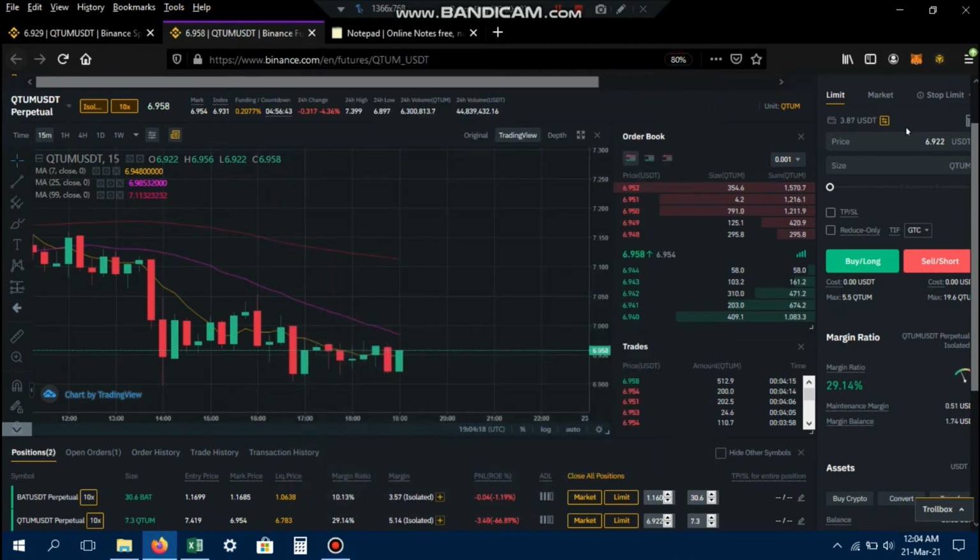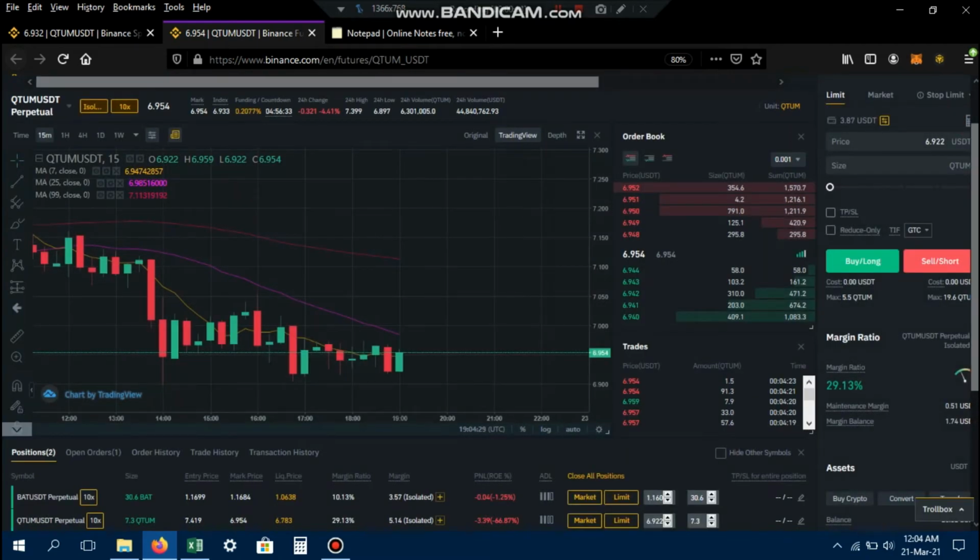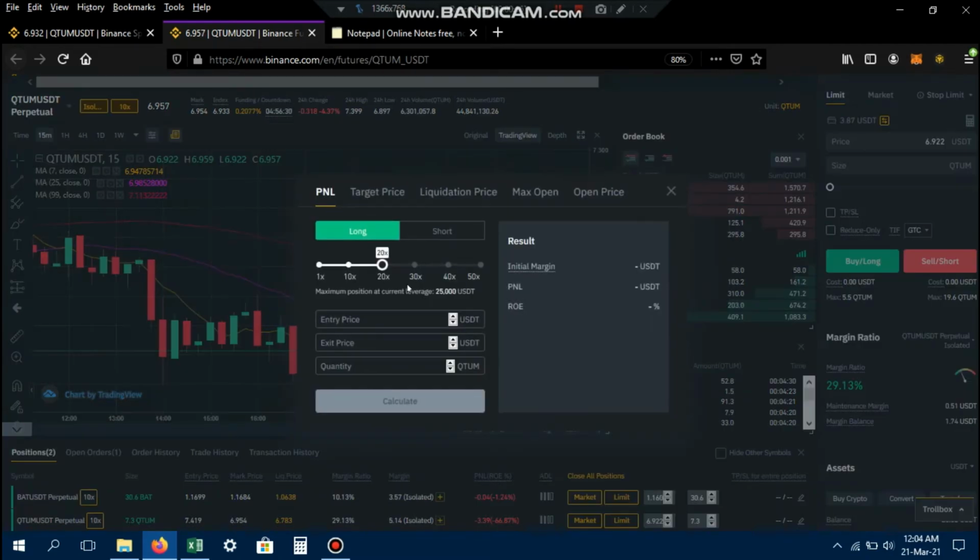Okay guys, as I was telling you about how to calculate your profit or loss. By clicking the calculator over here, I have got this table. From this I can calculate my profit. PNL is selected, meaning profit and loss. I'll click long. Now I'll select the leverage as 10, because I took my trade on 10 leverage.